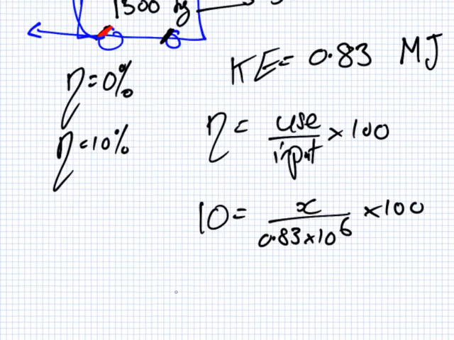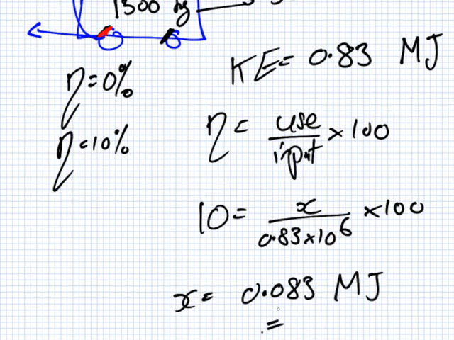So you get your answer of 0.083 megajoules, which is 83 kilojoules saved. That's how much energy is saved from the brake pads.